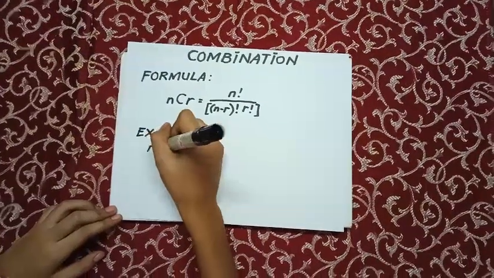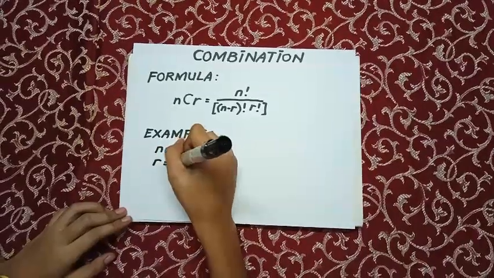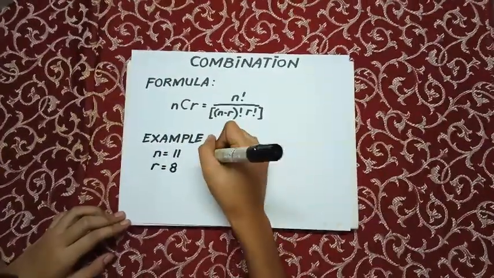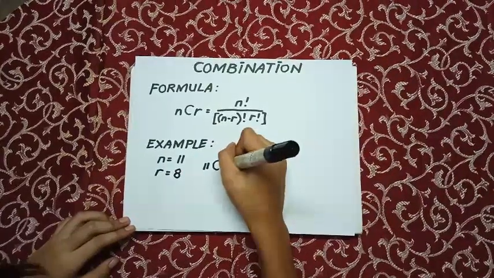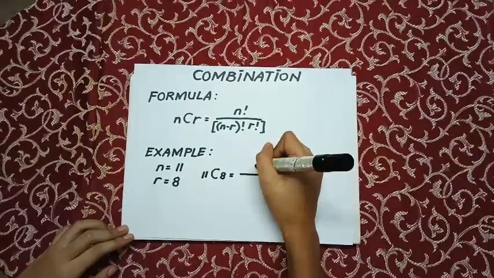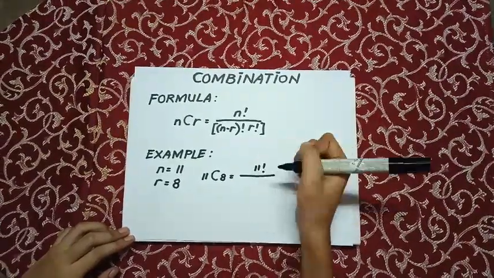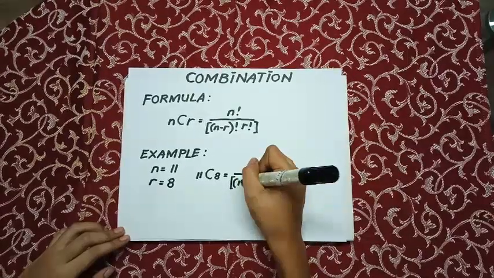We have here an example. Let n be equal to 11, then r be equal to 8. The solution will be 11 choose 8 equals 11 factorial divided by the quantity (11 minus 8) factorial times 8 factorial.